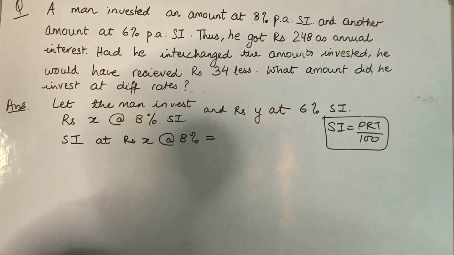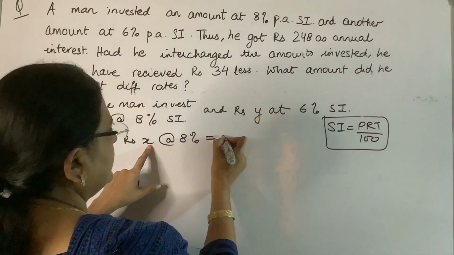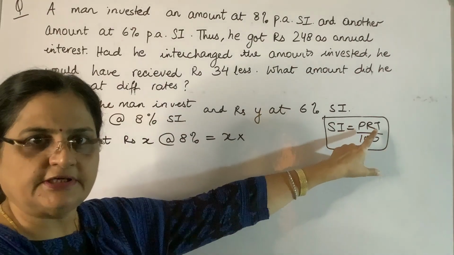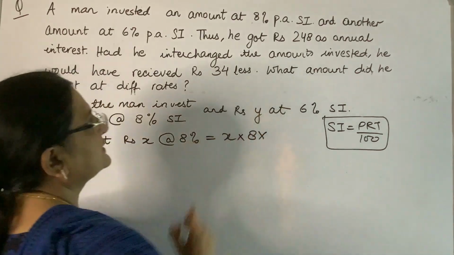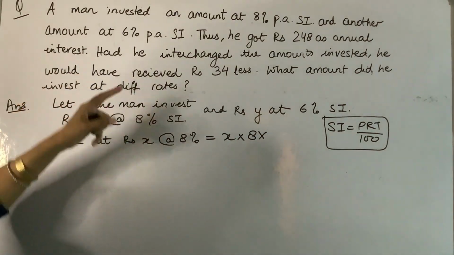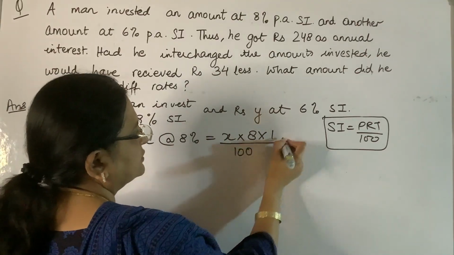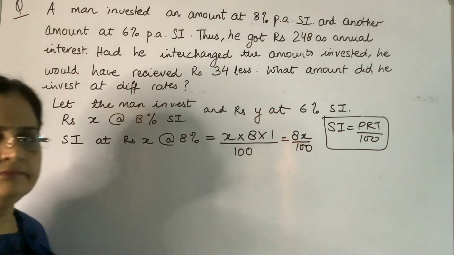So what is the principal? X. What is the rate of interest? R stands for the rate of interest, so 8. What is the time? Annually, means time is 1 upon 100. So this becomes 8x upon 100.